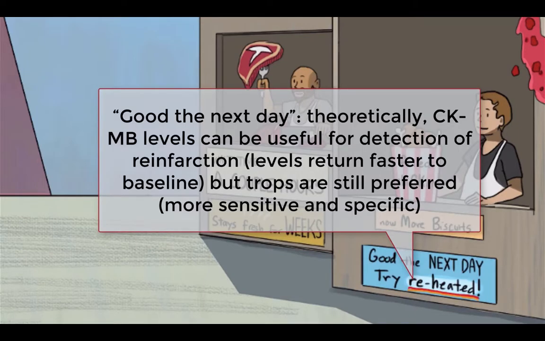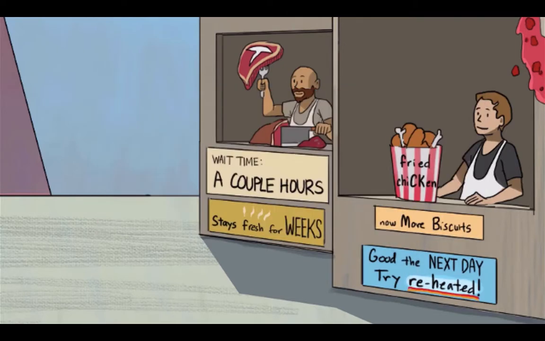Therefore, if a patient who had a recent myocardial infarction, like in the last few days, develops recurrent chest pain, checking a CKMB level will technically be able to tell you if early reinfarction is occurring. In reality, however, troponin is still the most sensitive and specific measure of cardiac injury, even in the setting of reinfarction.